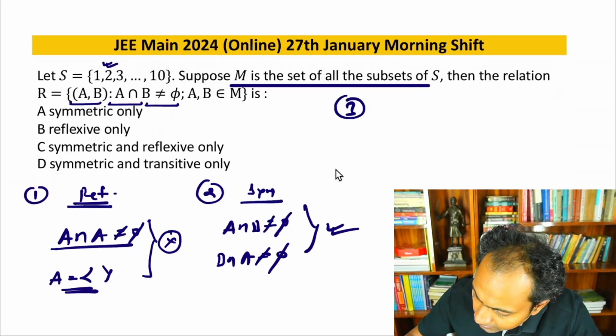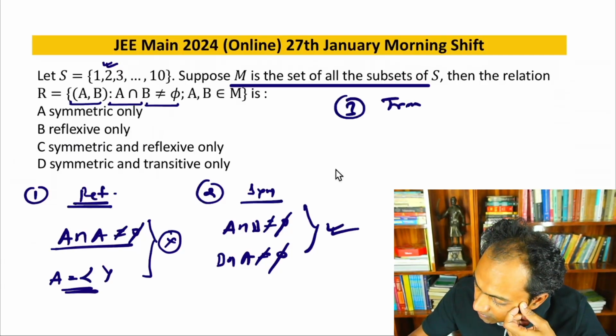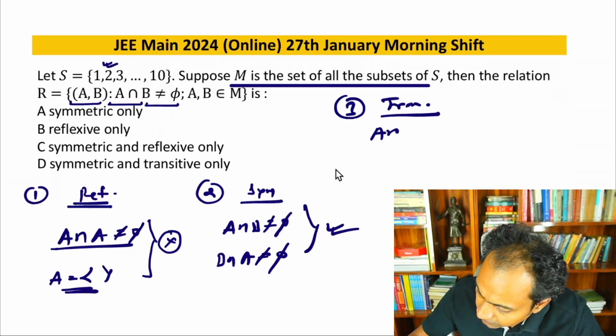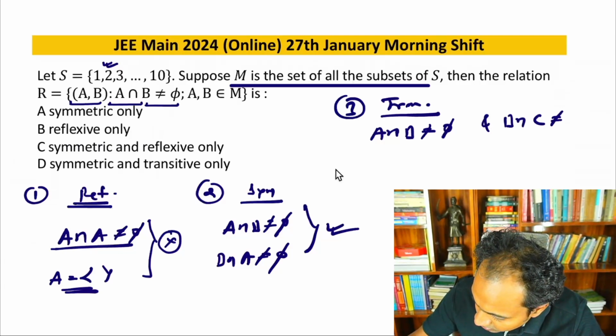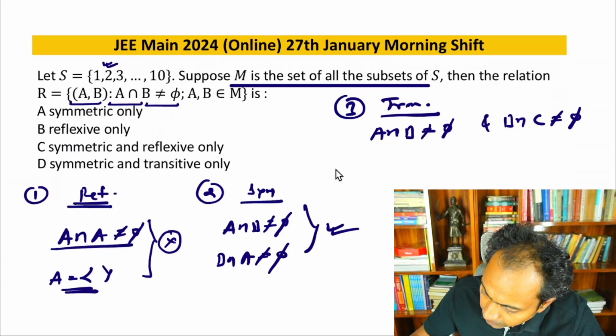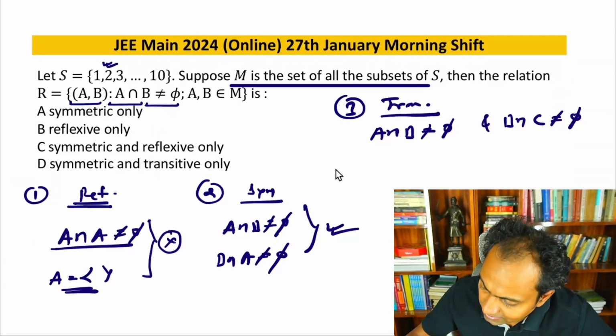In the third part, if I go to the transitive part, what we are saying is if A intersection B is not equal to null set and B intersection C is not equal to null set, then what happens to A intersection C? Now let us take an example.